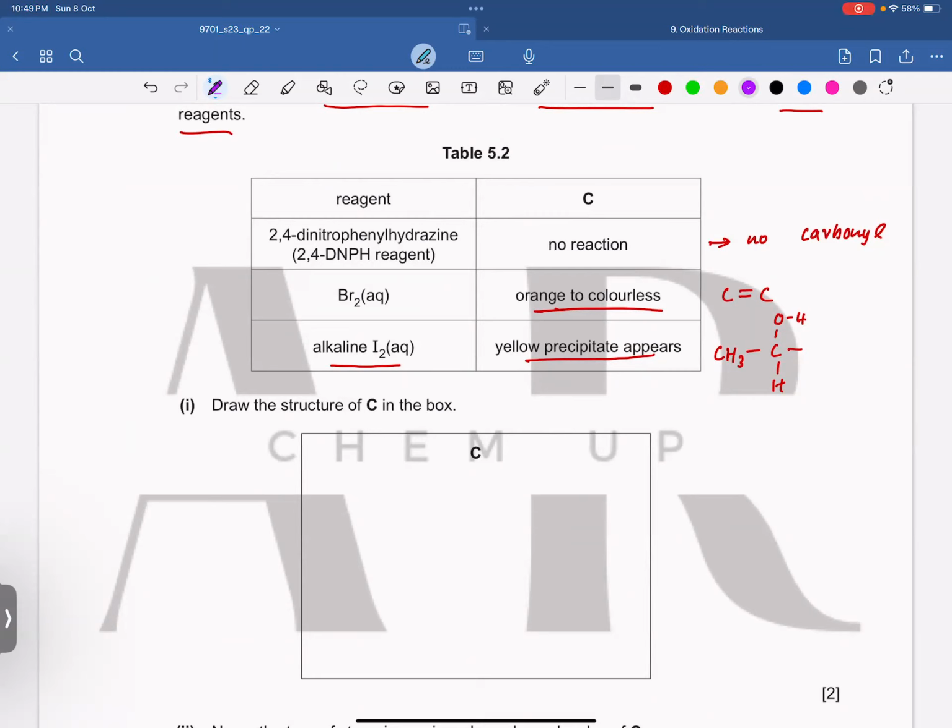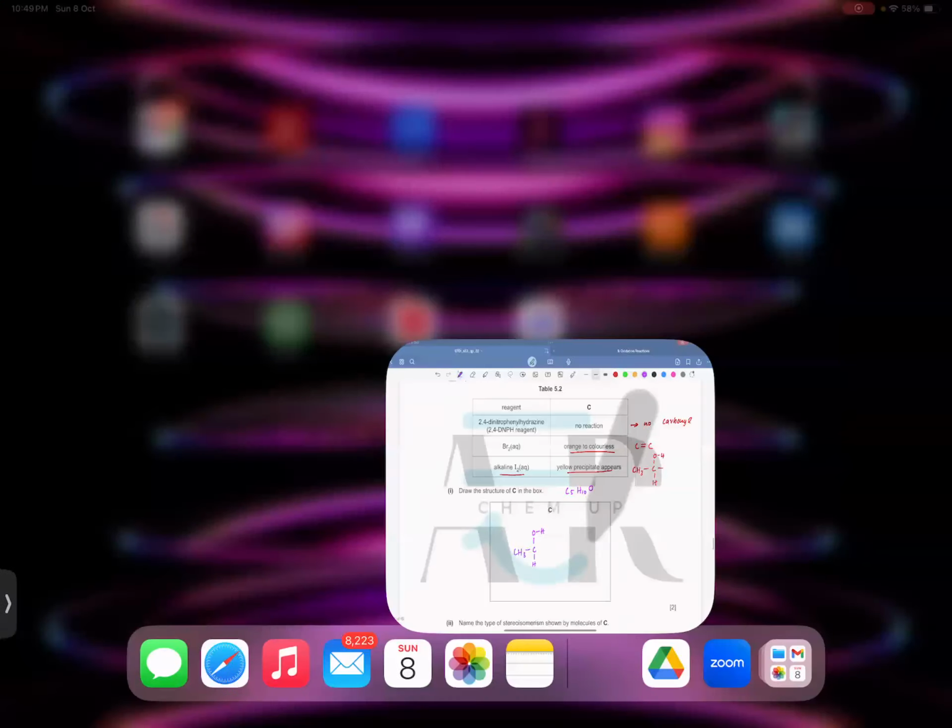Okay, so its molecular formula is also C5H10O. So CH3 CHOH. Just give me a minute, please.